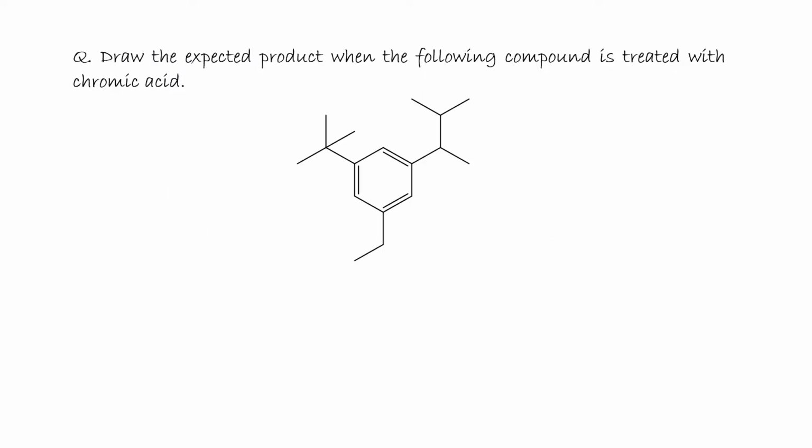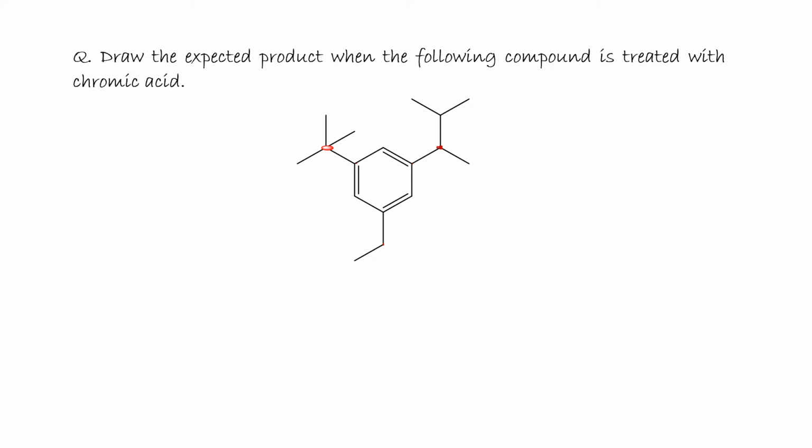Draw the expected product when the following compound is treated with chromic acid. We have 3 substituents. We have this carbon benzylic with no hydrogen, so this one will not oxidize.